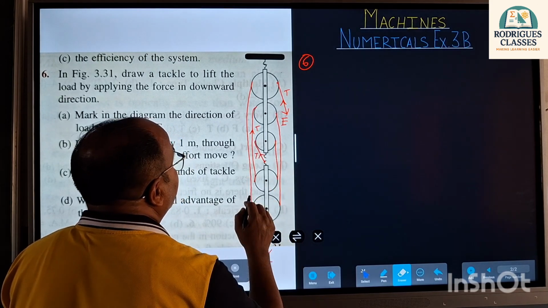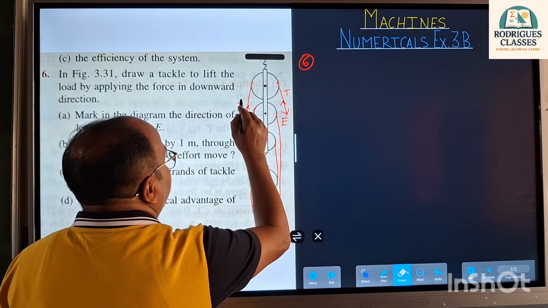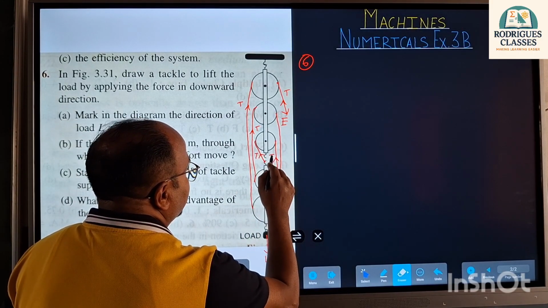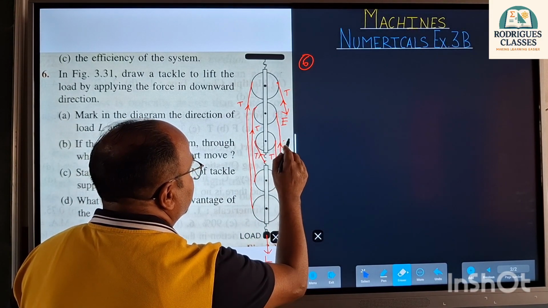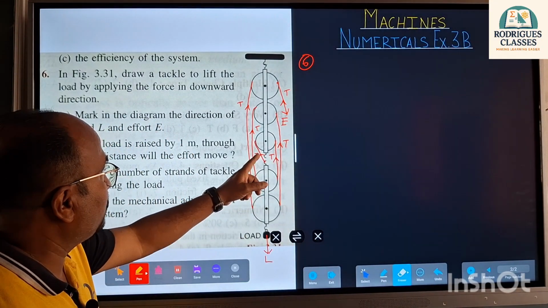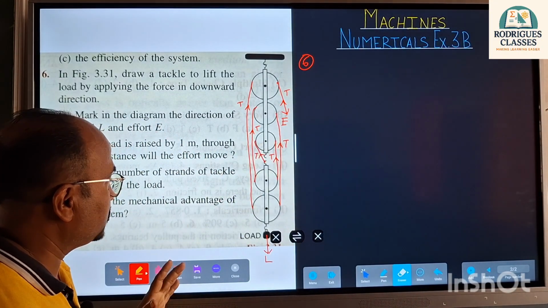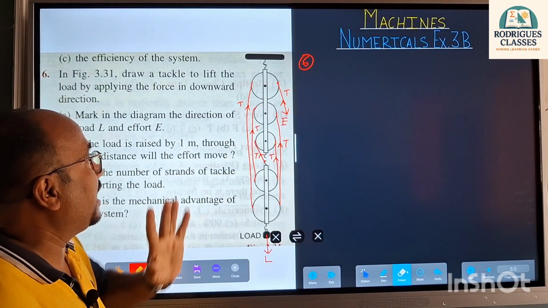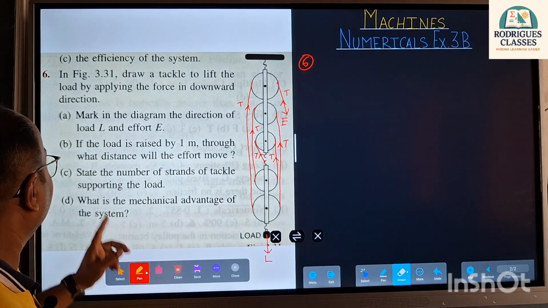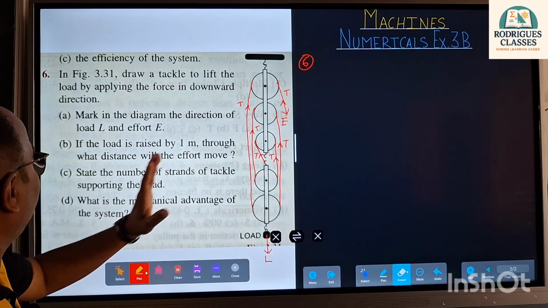Here also in the upward direction. And here also in the upward, this end of the strand, one tension comes here, another comes in this strand. So altogether this load will be balanced by 1, 2, 3, 4 and 5 tension and the effort will be balanced by this tension. Okay, so all the marking I have done. So A part has been done in the figure.